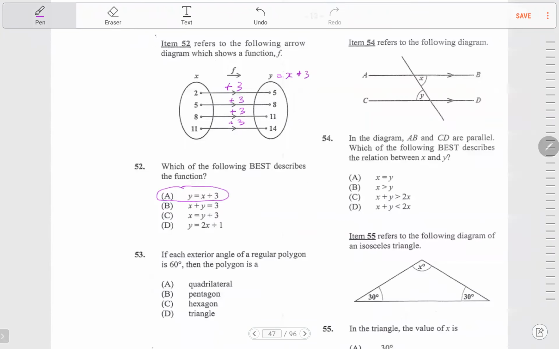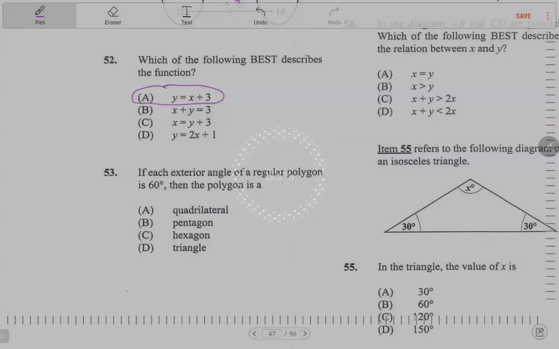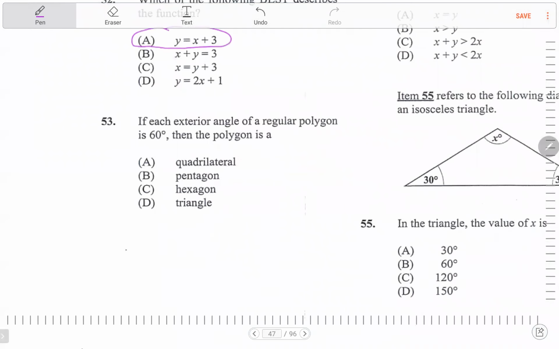All right, next one says if the exterior angle of a regular polygon is 60, then the polygon is what? Now, what you have to remember about a polygon is the total exterior angle is always 360 degrees. All right, always 360 degrees. That's what you have to remember.